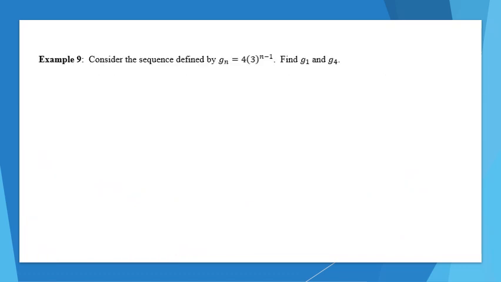All right, so for example 9, consider the sequence defined by g of n equals 4 times 3 to the power of n minus 1. Find the first and fourth term. So here our first term should be g of 1 equals 4 times 3 to the power of 1 minus 1, which is 3 to the 0.